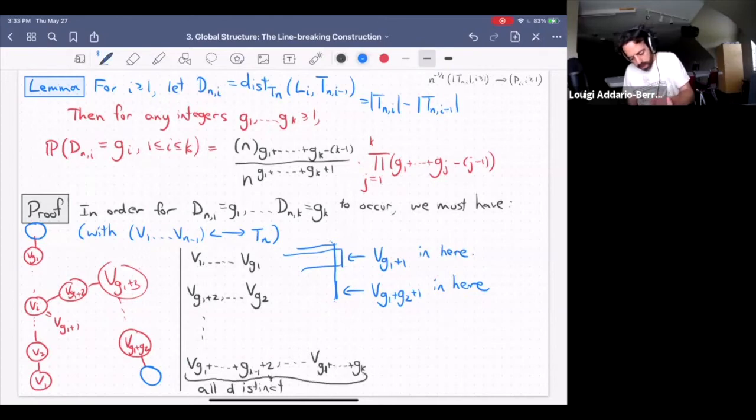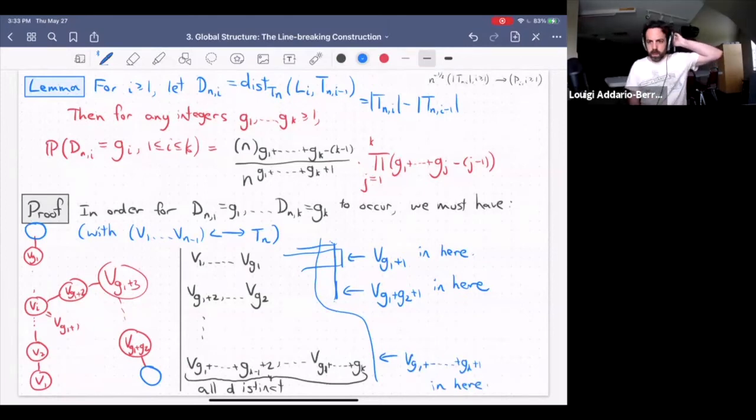Okay, and then finally we need that the last value, g1 plus gk plus 1, should be one of the previously seen values. So in here. Okay. And thank you for the correction. That should be g1 plus g2 as well. Right.